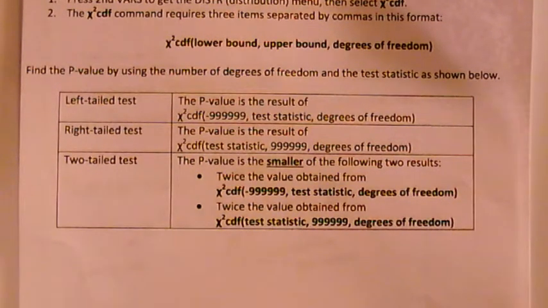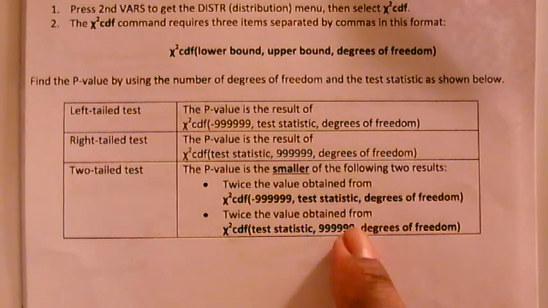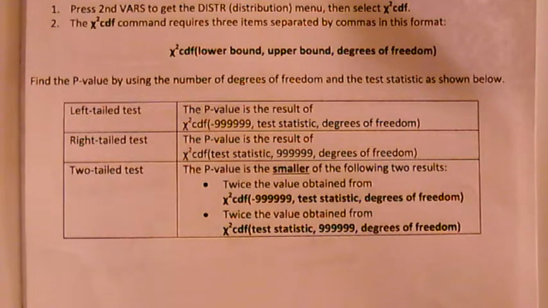Okay? So the two-tailed test might be the one that's going to be a little bit difficult here, because you're going to have to do both of these, if at all possible, and then choose the smaller of the two, and then take 2 times that value. Okay?